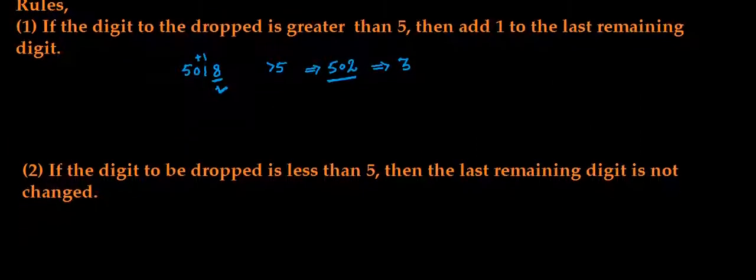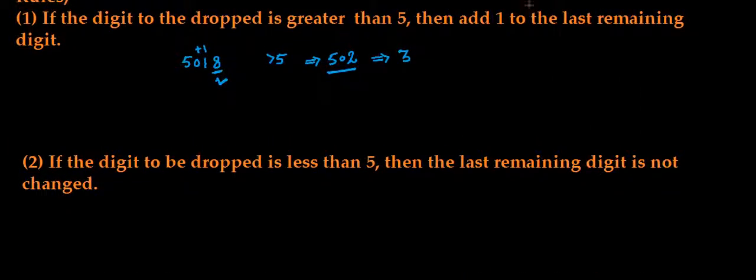Now we'll go through rule number two. It says if the digit to be dropped is less than 5, then the last remaining digit is not changed. I'm considering the same number, but the last digit should be less than 5. It's 5013.